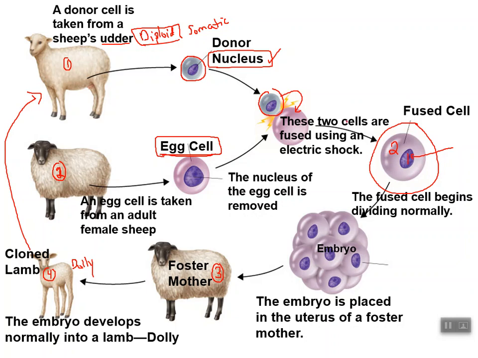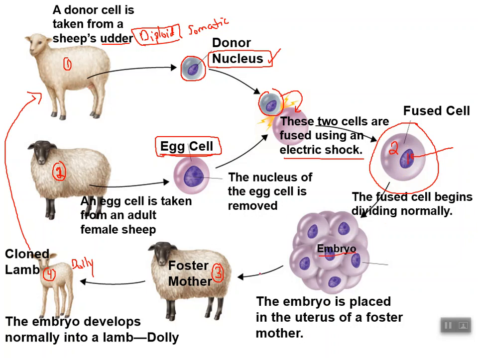So what we have to do is, when we insert the nucleus into this egg cell, we use an electric shock. And that does 2 things. The first thing it does is it helps the cell take up the nucleus. But the second thing it does is it tricks the cell into thinking it got fertilized. So this cell will start to divide because it's turning into an embryo, right?